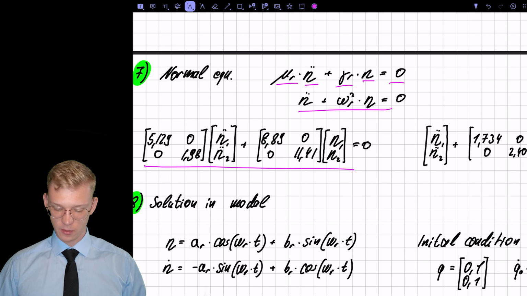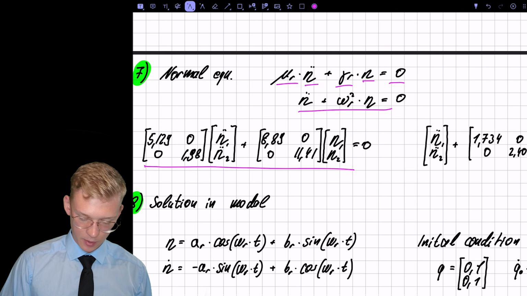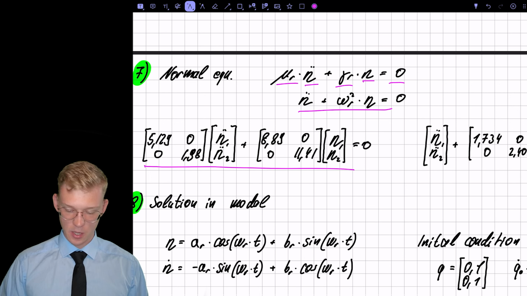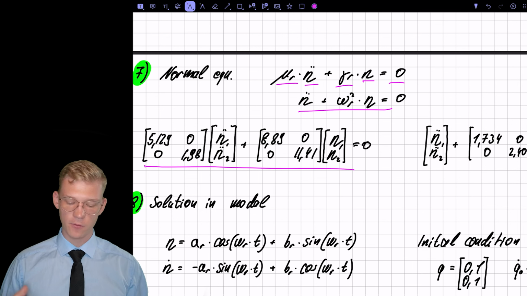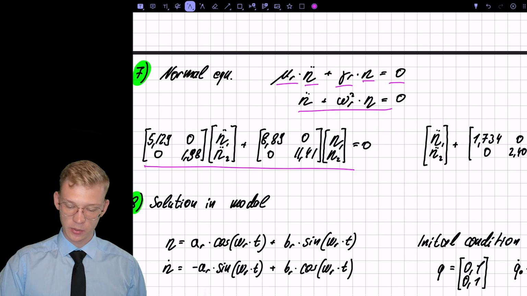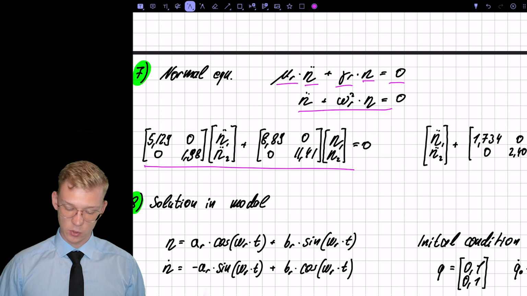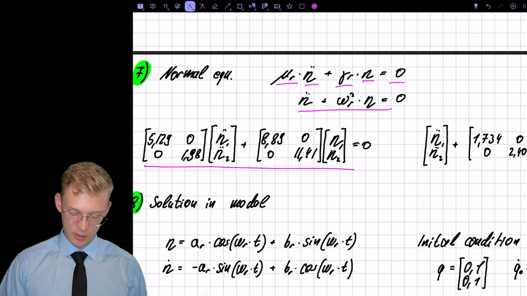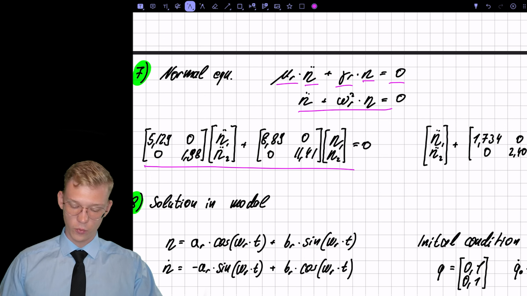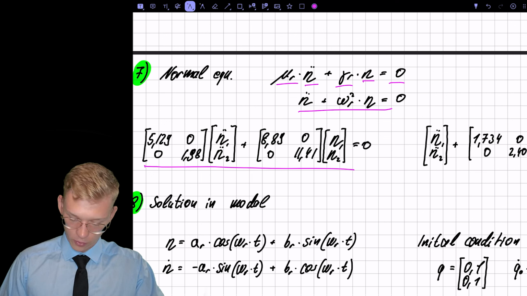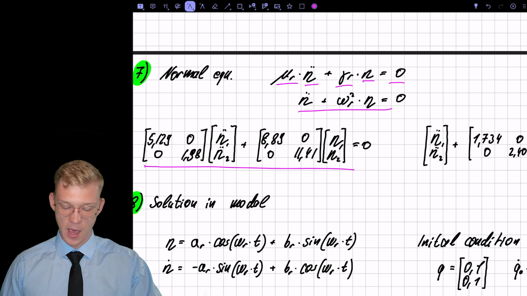So after that, we can find the solution in the modal coordinates. So the solution of those equations has this form, because if we have an eta and we derive it twice, only this function will give us the right solution. So we want now to solve for the b's and the a's.